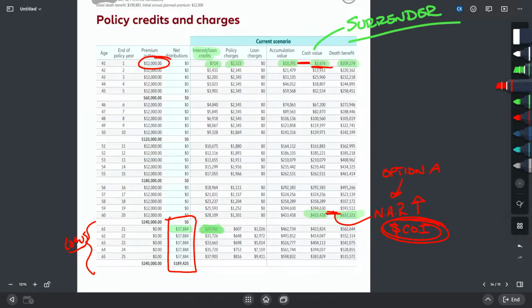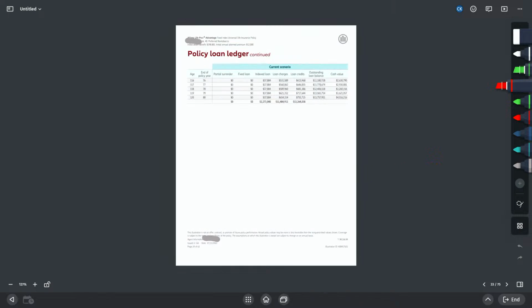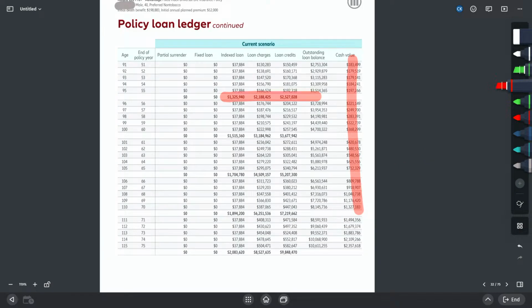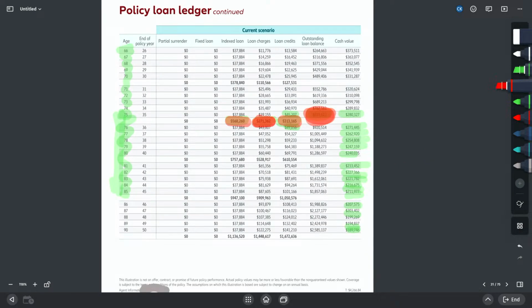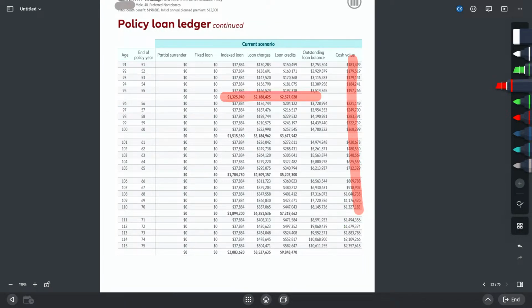I'm going to go back to the loan column here because I want to have the right numbers. I don't want to guess. When you go back to 75, the total outstanding loan balance is 839,000. Okay, 839. So we know it's 839. Now I'm going to go back to the other one.